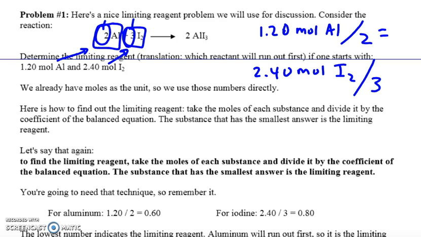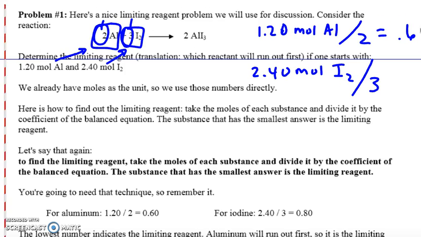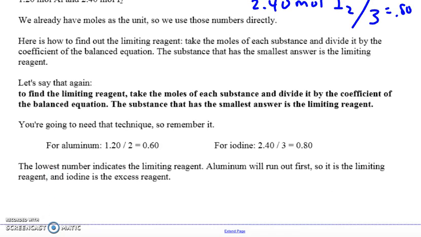So we see this when we actually do the math. This is at the bottom of your worksheet, but you're going to get 0.60, and 2.40 divided by 3 is 0.80. I'm going to scroll down to where you actually have this on your screen right here. So for the aluminum, this is how many moles we end up with, and this is the iodine moles.